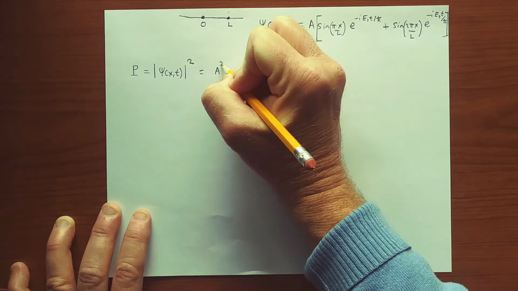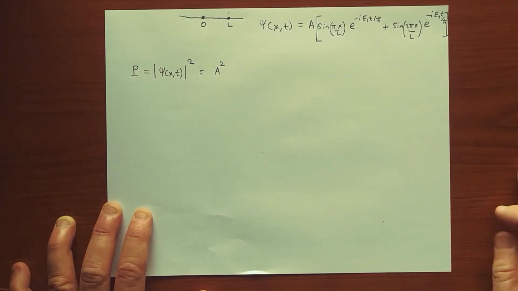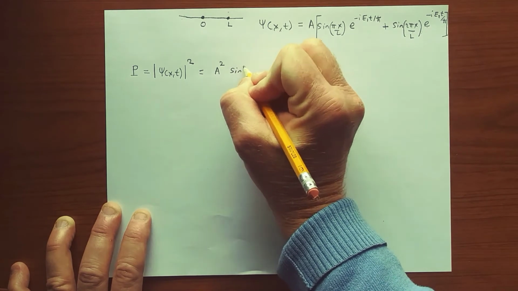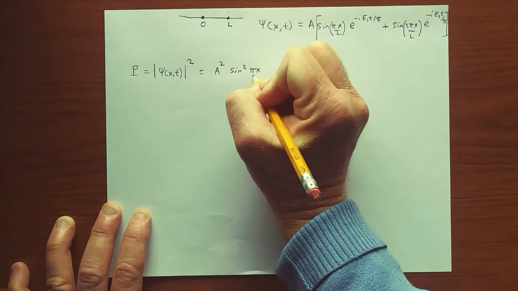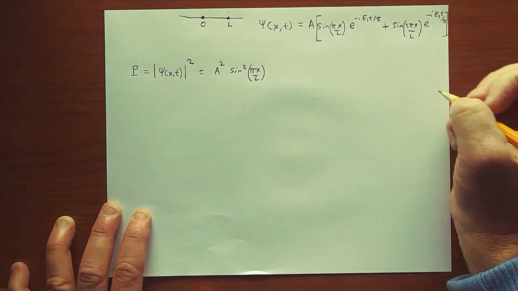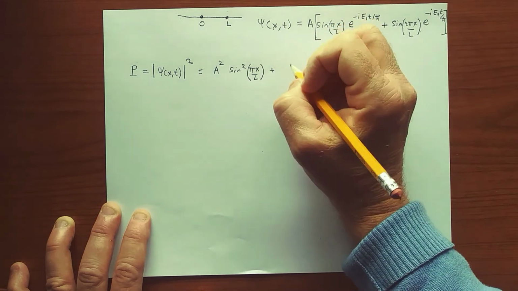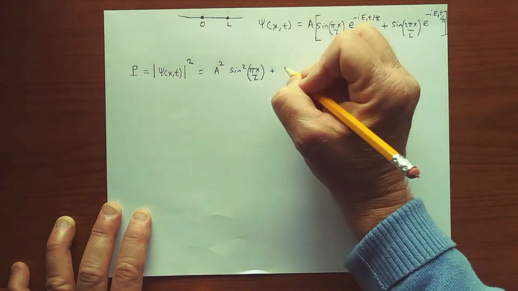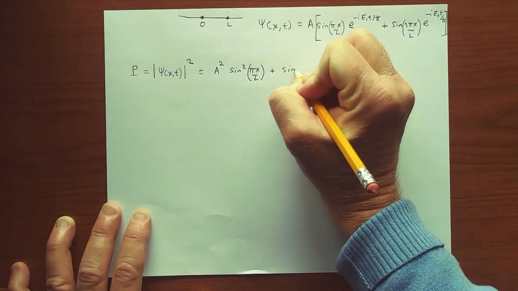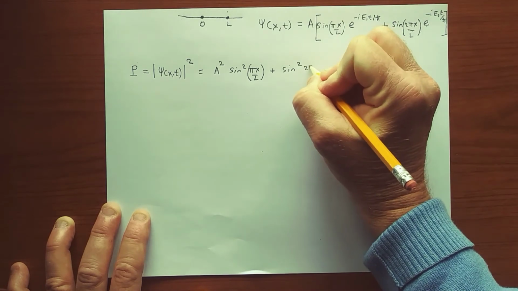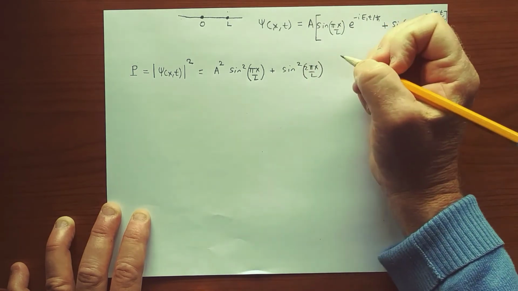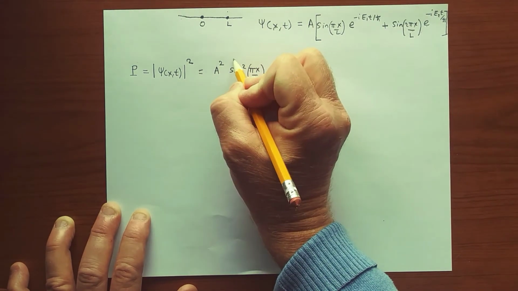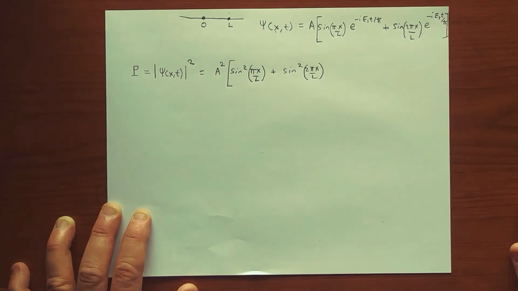So instead of saying A modulus squared, we'll just square A. The first term looks like sine squared of pi x over L, plus we have the sine squared of 2 pi x over L, and the A squared is outside, so let's put the A squared outside like that.